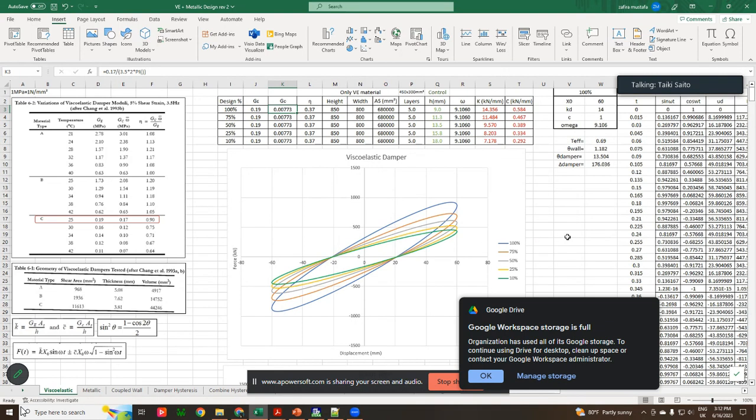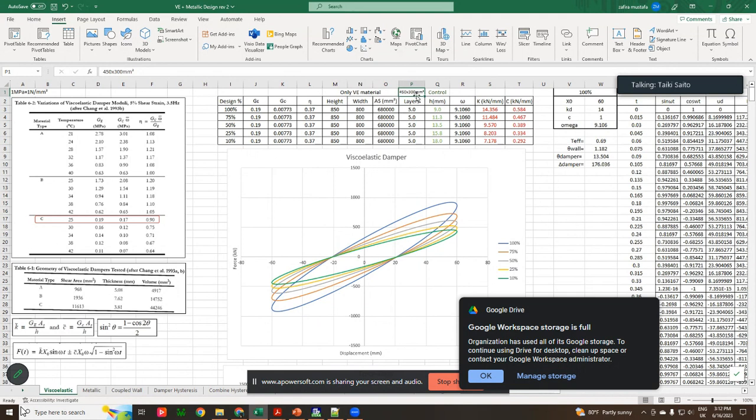And the height is 85 centimeter with 20 centimeter. Oh, it's a very big damper size. This one is 450 mm times 300 mm.